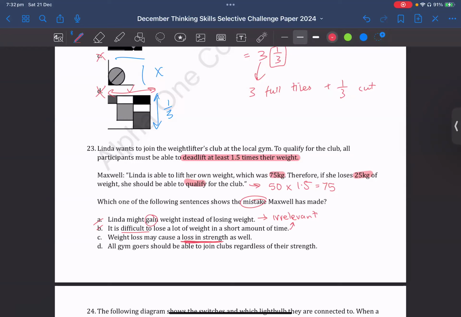This is actually quite important because if she loses her strength, she can't lift 75 anymore, which means if she loses weight, she still will not be able to qualify if she can't lift that much. So C looks like it's pretty good. All gym goers should be able to join clubs. Okay, that's irrelevant, which is why the best answer is C.